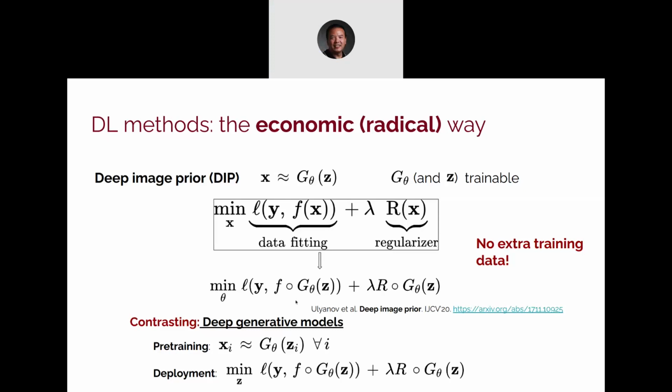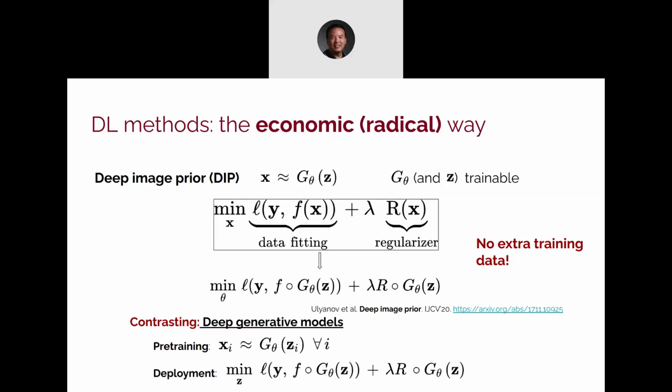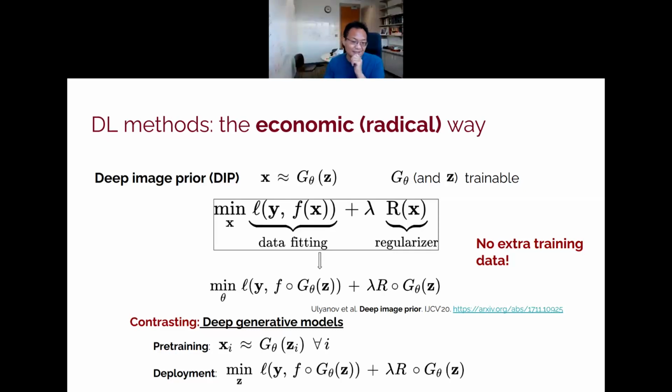You can think of this as a generator, but it's arguable whether this is a generator or not, because you are only learning from a single image. So why don't you learn another model that just predicts X from Y, subject to the prior?